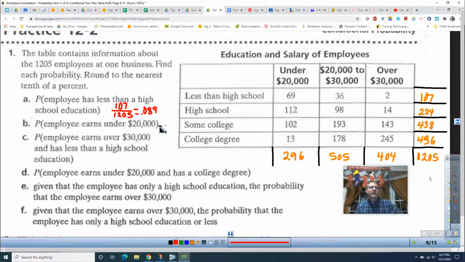So that's what it is as a decimal. But it says rounded to the nearest tenth of a percent. So what they're telling us here is they want us to move this over 2 places and write this as 8.9%.